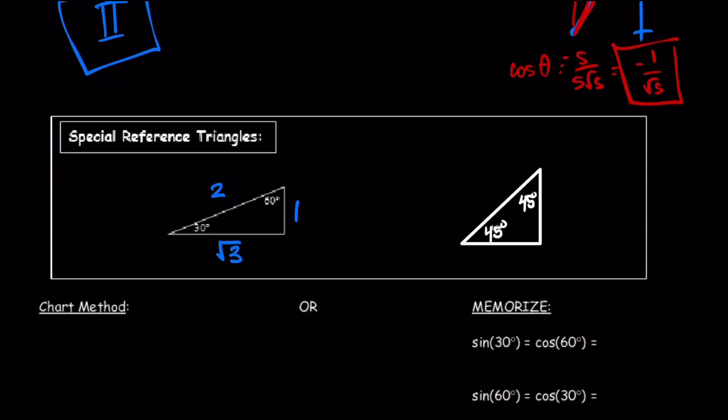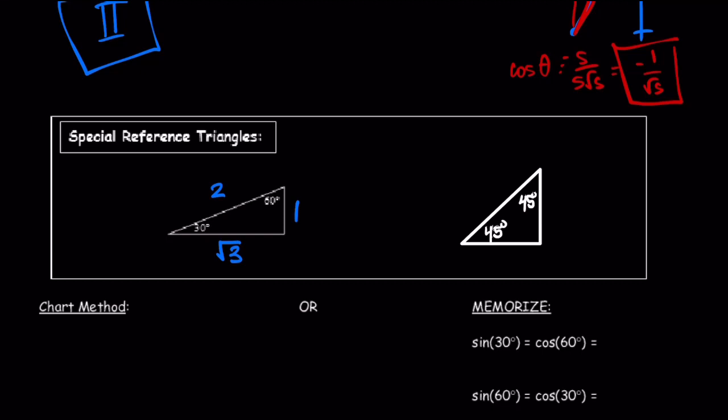So you're going to recognize this ratio, 1, 2, square root 3, as the ratio of sides in a 30, 60, 90 right triangle. So if I were to make this side 3, the hypotenuse would be twice that, and then this side would be 3 square root 3, still in that same ratio. If I make this 5, then this is 10, and this is 5 radical 3. So that's how it always works for that triangle.